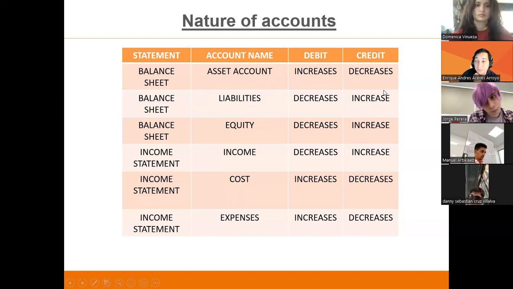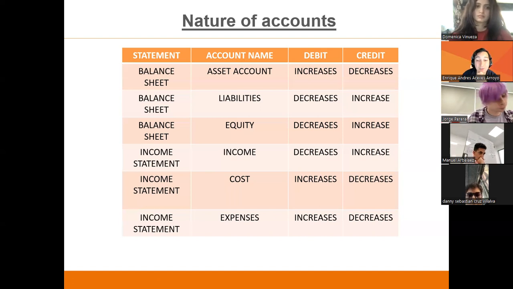The income, what's the nature of the income? Credit. Exactly. And what's the nature of a cost? Debit.